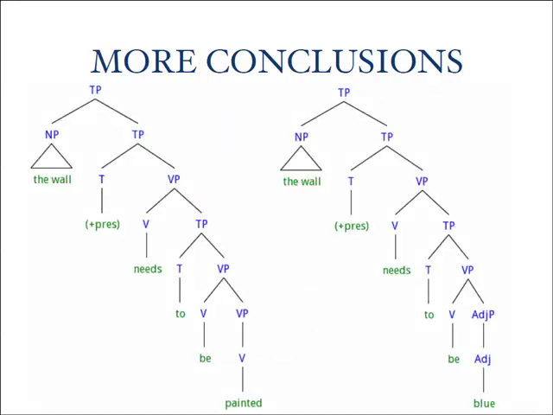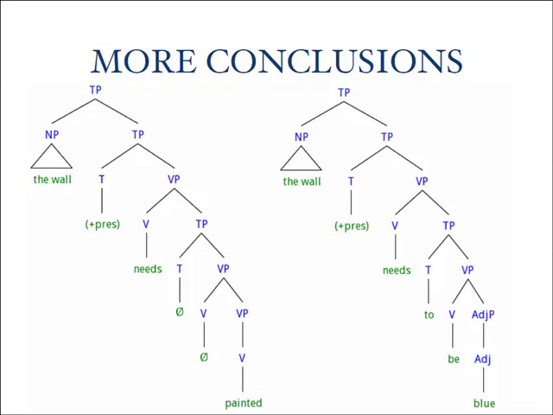So to illustrate that, if we have a sentence like the wall needs to be painted, we can also have a sentence like the wall needs to be blue. If we were taking the standard and we were just having phonological ellipsis, so we're not pronouncing that bit, we could get the wall needs painted.